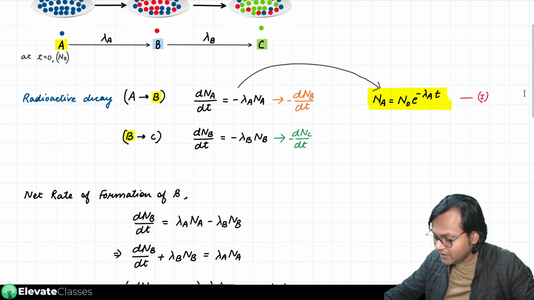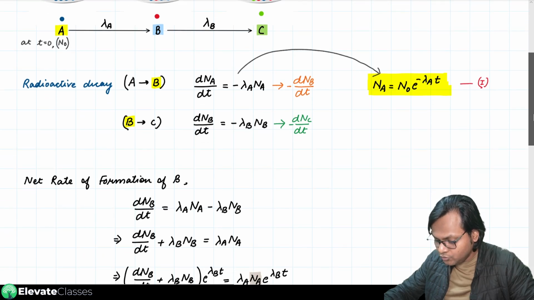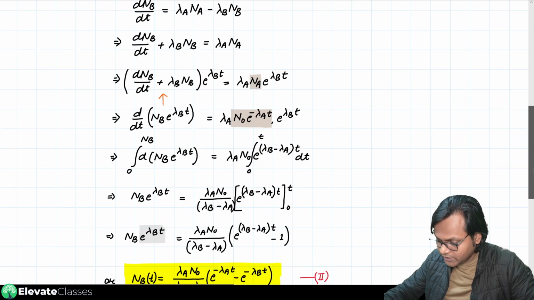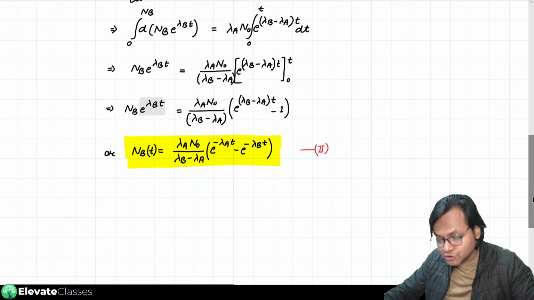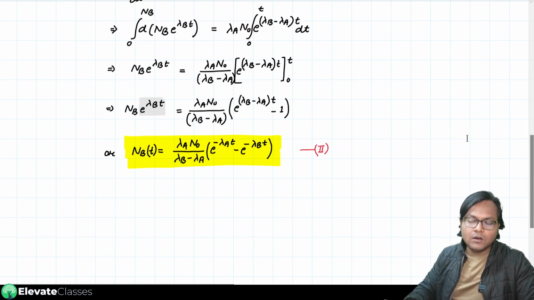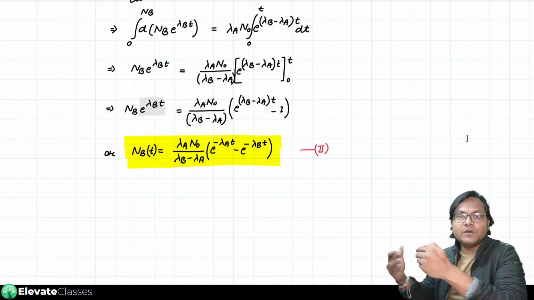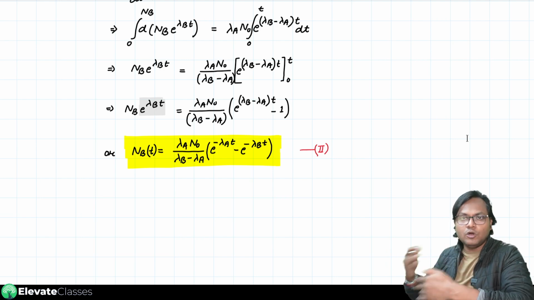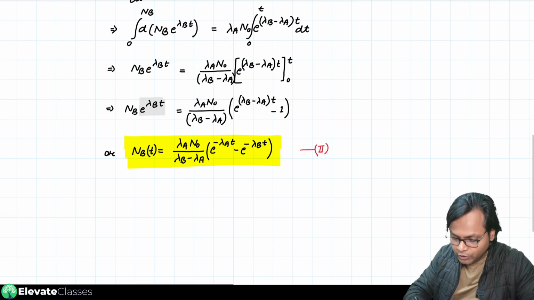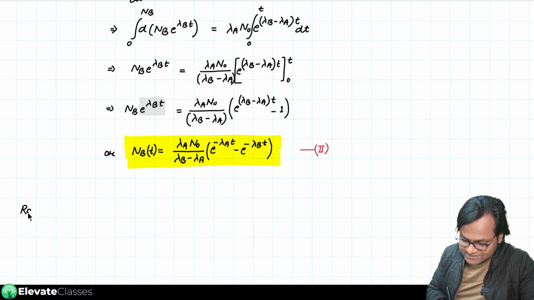All right. So Nc is essentially equal to the rate of formation of C, and here I am assuming that C is a stable nuclei. If you want to assume that C further decays into something like D, then you have to keep on doing the calculations. But I'm going to assume that C is a stable nuclei.